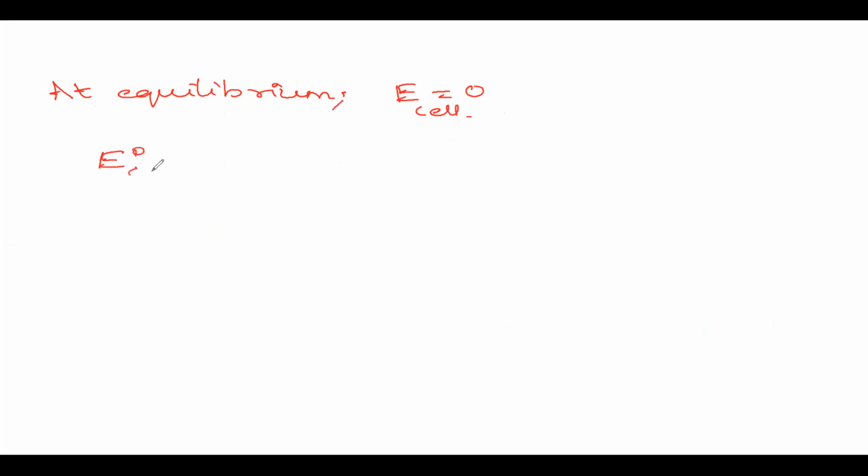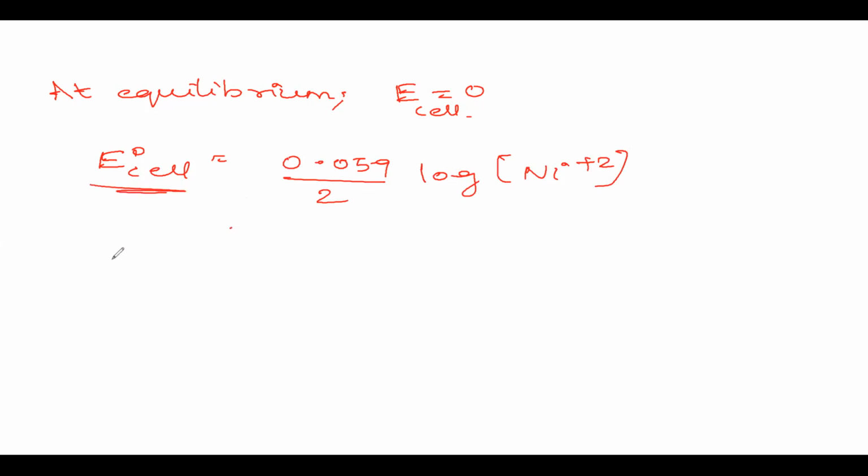Then E of the cell is equal to 0.059 by n, times log of the concentration of Ni plus 2. Here I am directly writing 2, but if you write n it's better. First we have to find the E0 of the cell by adding zinc and nickel. So 0.24 minus of minus 0.76, because zinc becomes anode and nickel becomes cathode.